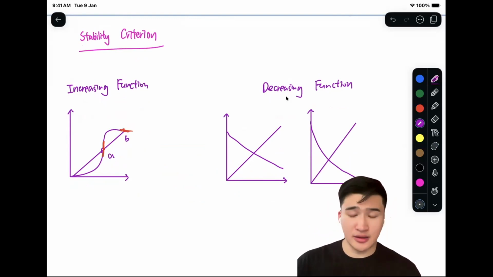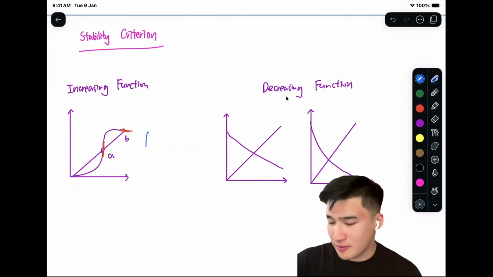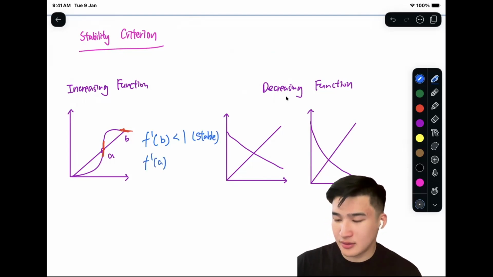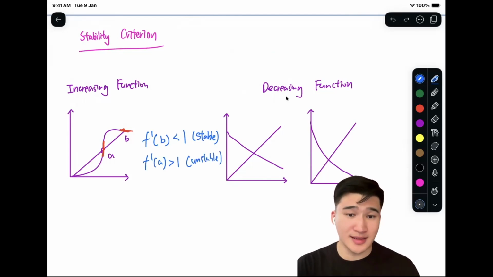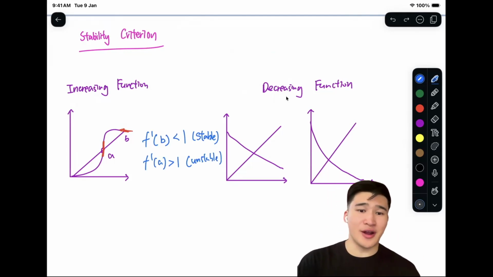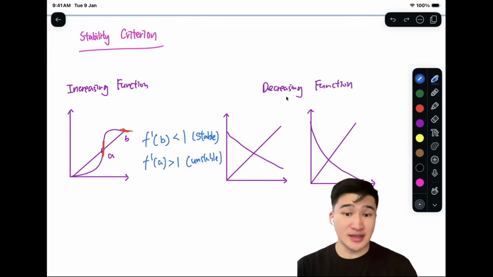Let me just give you the fundamental idea: f prime of B, if it's less than 1, then it is stable. And if f prime of A is greater than 1, it is unstable. Because our f prime of B is less than 1, the slope is less than 1, so it is stable. But f prime of A, you see the steepness of the slope is greater than 1, so it is unstable.